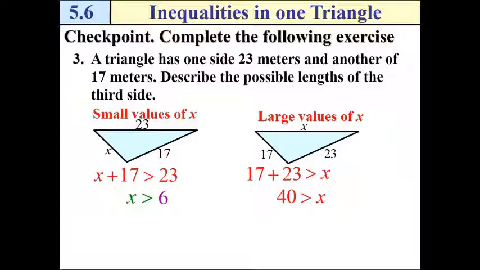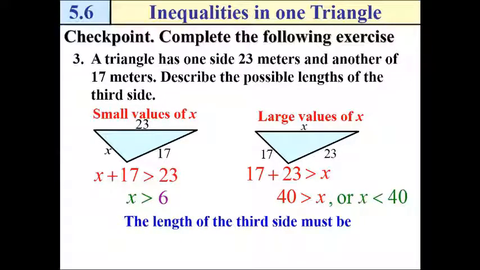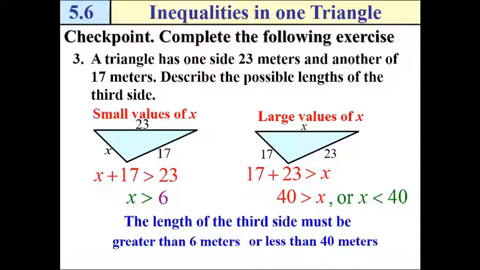Always the third side is more than their difference and less than their sum. Then the possible value of the third side is greater than 6 meters and less than 40 meters.